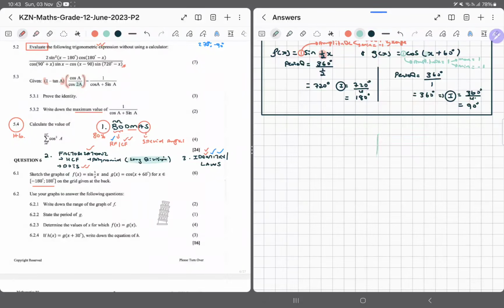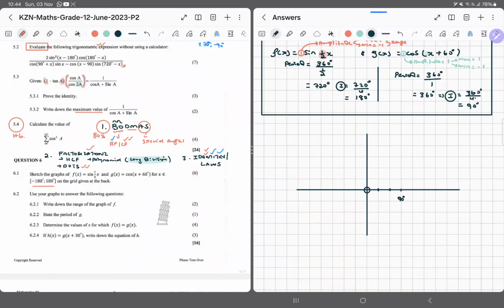So with the graphs, we just jump in. Okay, and then we go on. So we know that this is going to be 0 at the origin. Now we can decide this is 30, 60, 90, right? So we can say 30, 60, 90.